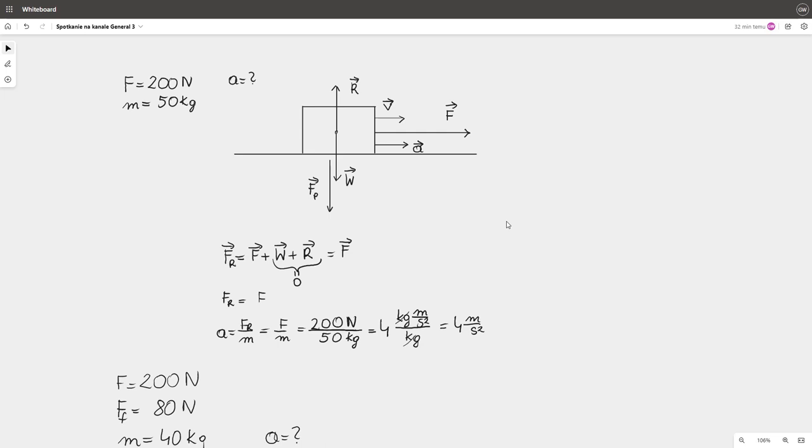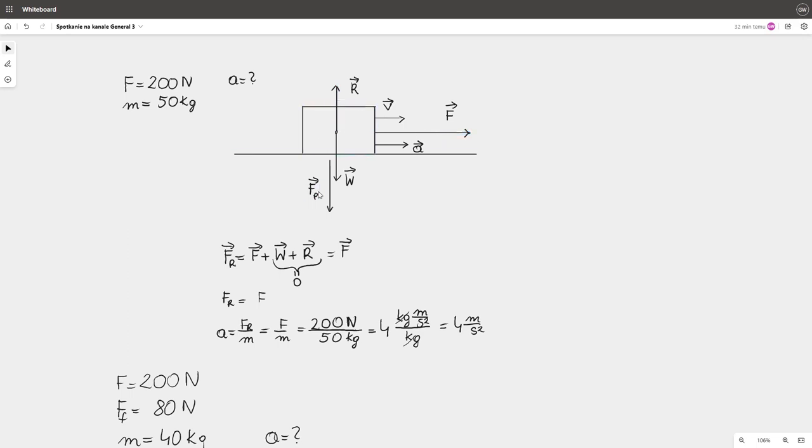Now, if we add external force F, you can see it here, in horizontal direction, then we have all forces that acted before and which balance each other, and external force, which is now resultant force.